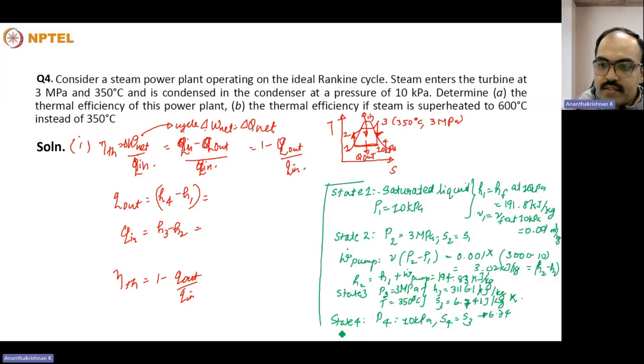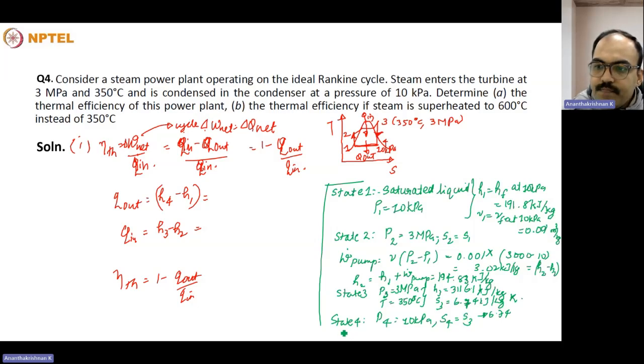How we can get the enthalpy is slightly tricky. We have to calculate the dryness fraction using the entropy.